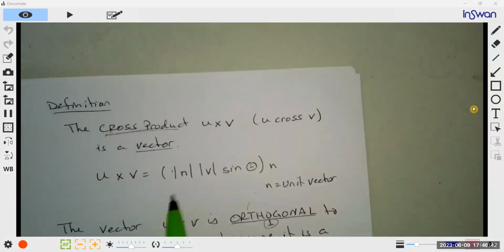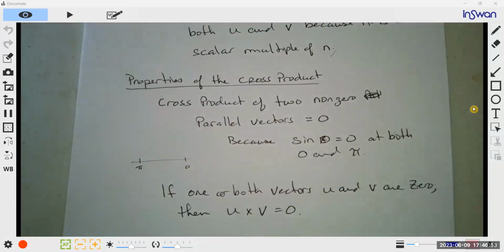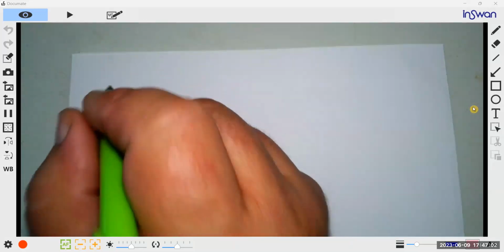The reason being, if u or v are either of them zero, then the magnitude zero times anything is zero. Okay. So that's what we're talking about.